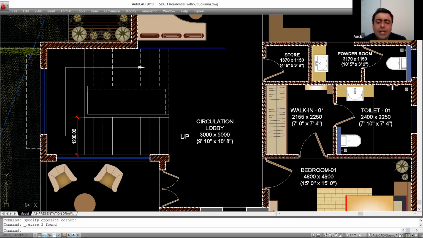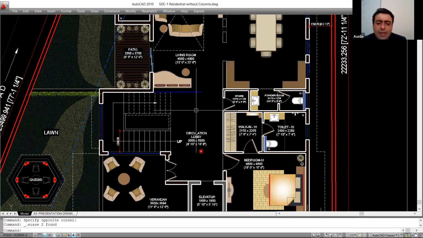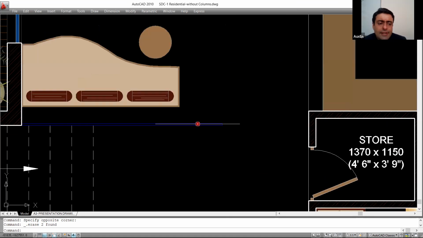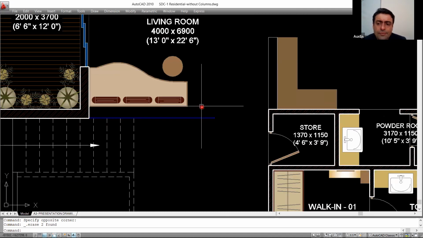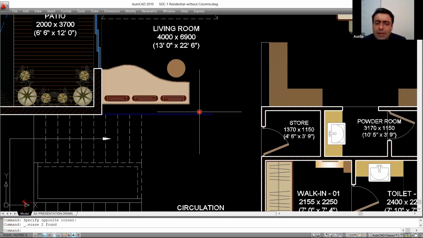So from this circulation lobby, we walk into this. Now what do these two blue lines indicate? These two blue lines. So this will be a partition, small partition.